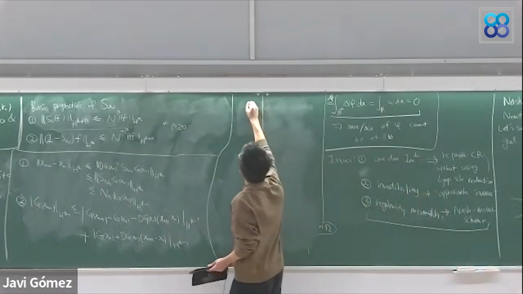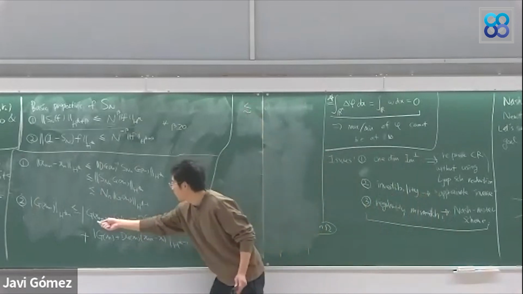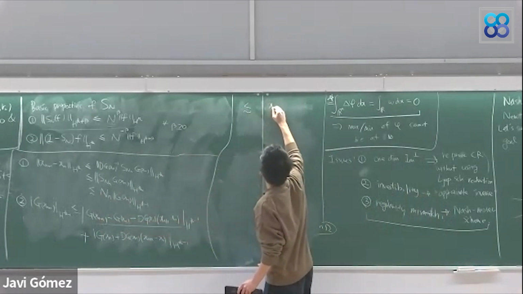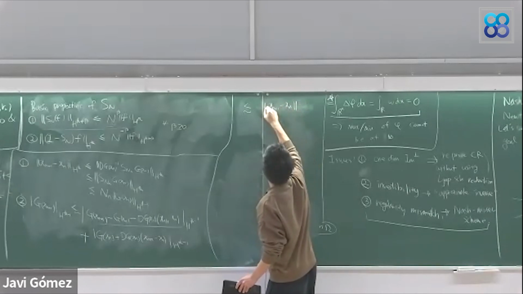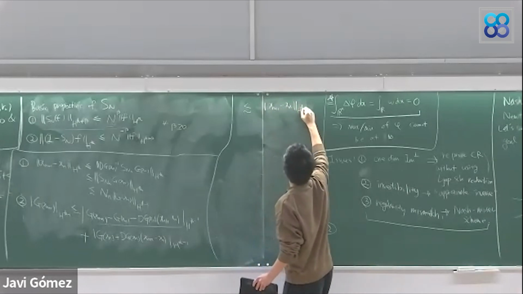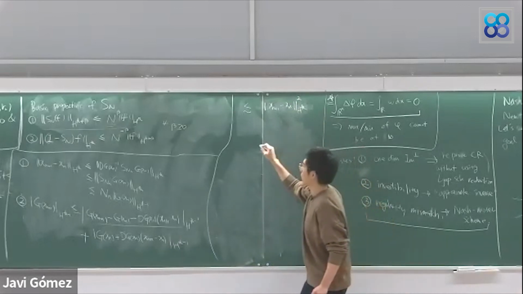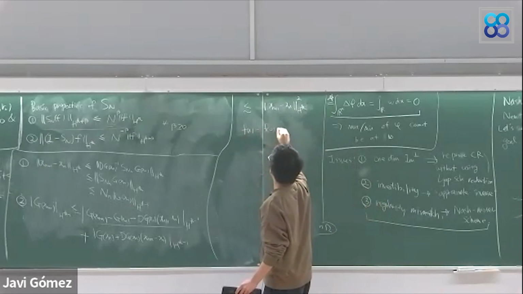Then, because we are assuming G is smooth, this is bounded by this term squared.